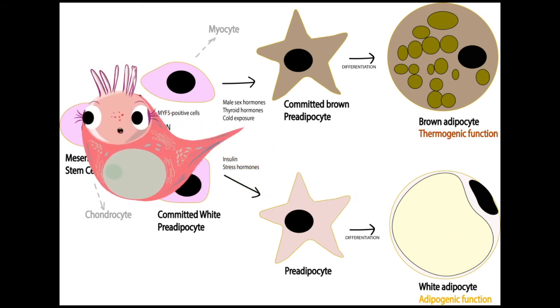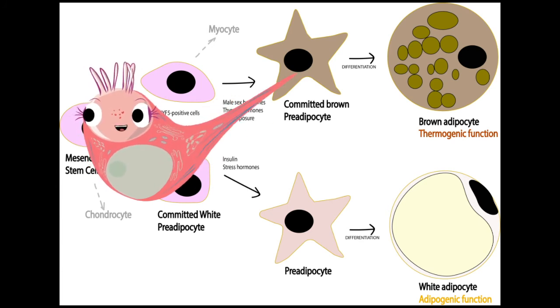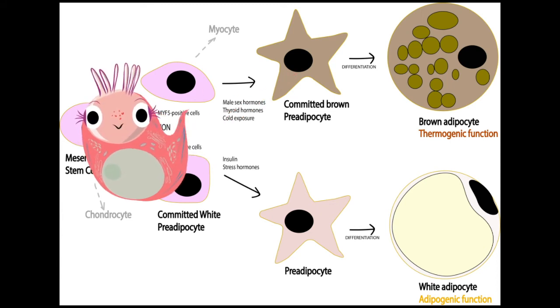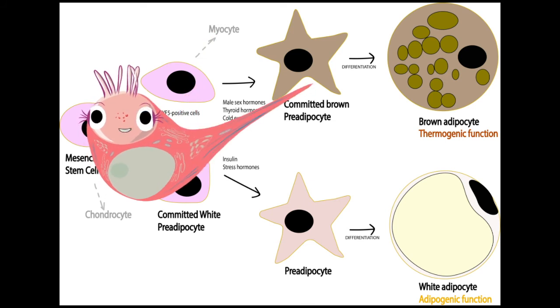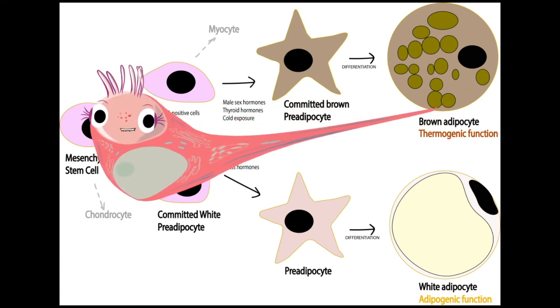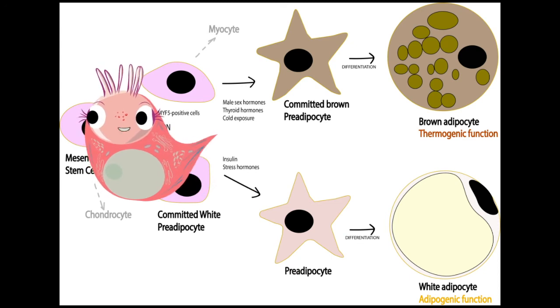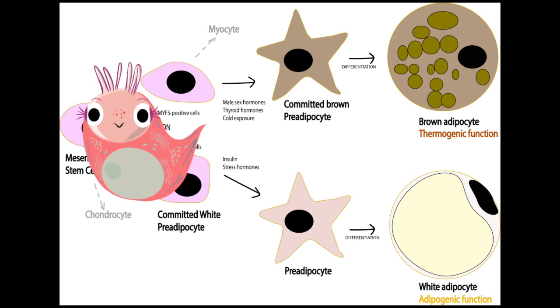So the signals that can be varied will induce differential gene expression so that from the same MIF5 positive cell you don't have a myocyte but you have a brown adipocyte, and these genes encode proteins supporting the thermogenic function, while in this case it is rather proteins that support the adipogenic function. So for instance, enzymes that convert sugar into fats.